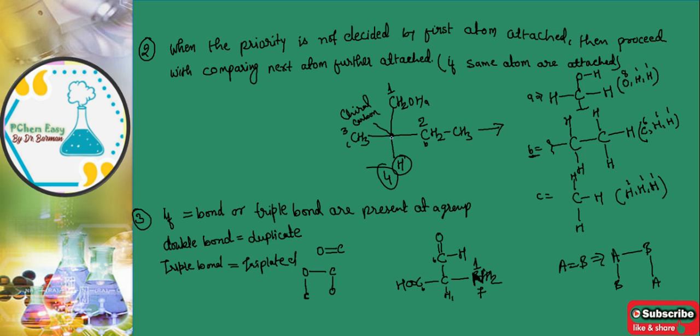What we can see here, there are four different groups: CH3, CH2OH, CH2CH3, and hydrogen. So as you can see, the first group is carbon. Here also carbon, carbon. Now on the basis of that, we cannot say this one will get the priority because all having the similar atom, carbon. Now what we have to do?